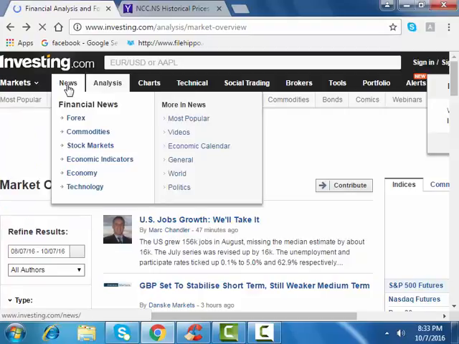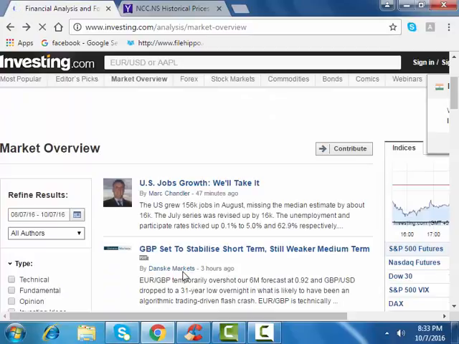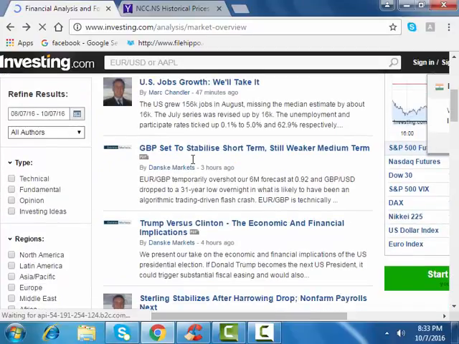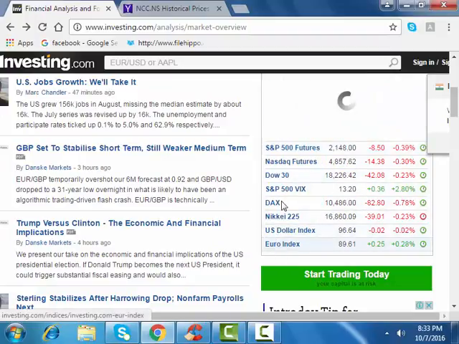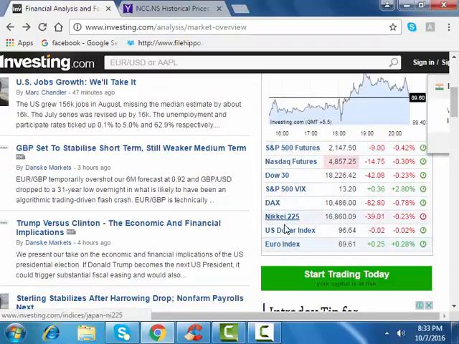Investing.com. On this site you can watch news related to the stock market. Worldwide news will be there, and all the market updates will be there.